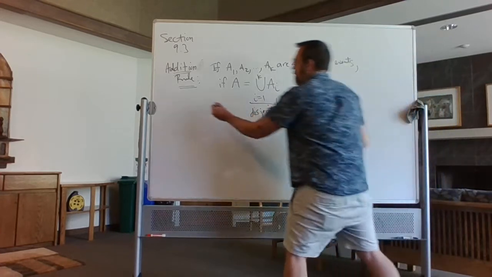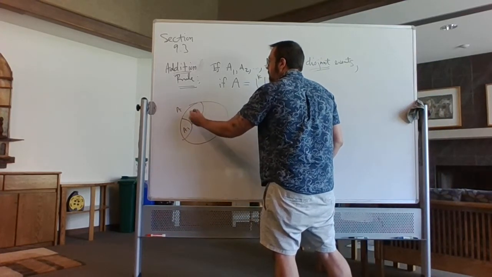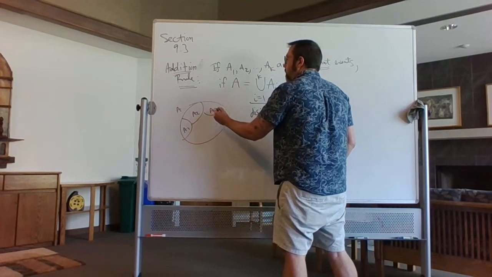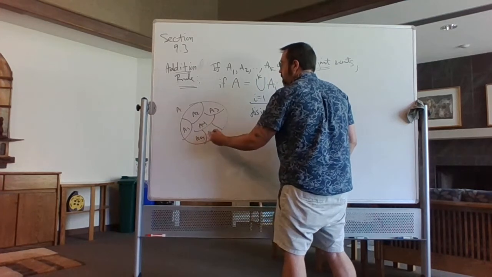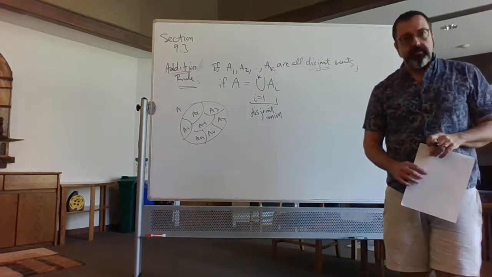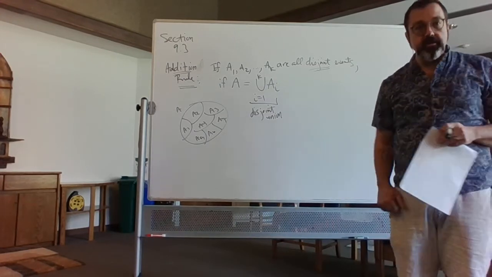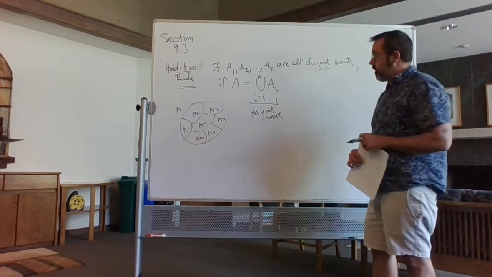So in pictures, what this would look like is if I had a set A, it might be that I've broken A up into a bunch of disjoint subsets Ai, each of which corresponds to one of these events. This is the picture you want to have in mind when you're thinking about disjoint union.